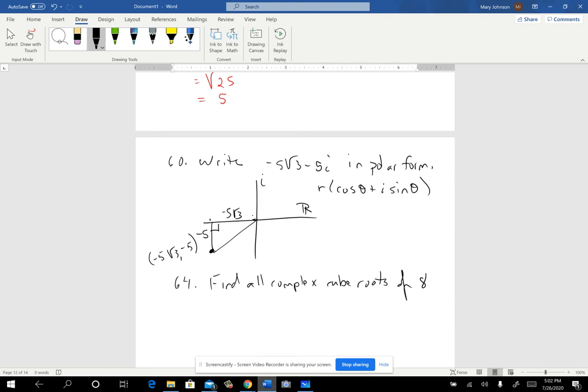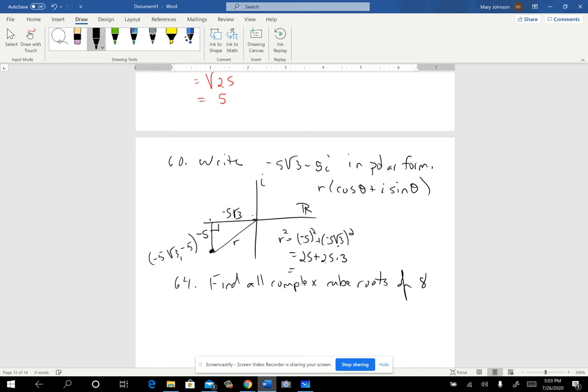Now you might recognize that it's related to a common ratio and figure it out that way. Or if you wanted to, you could just do r squared. It's going to equal -5 squared plus -5 square root of 3 squared. So that's 25 plus 25 times square root of 3 squared, which is 3. Okay, and that should have been a plus right there.